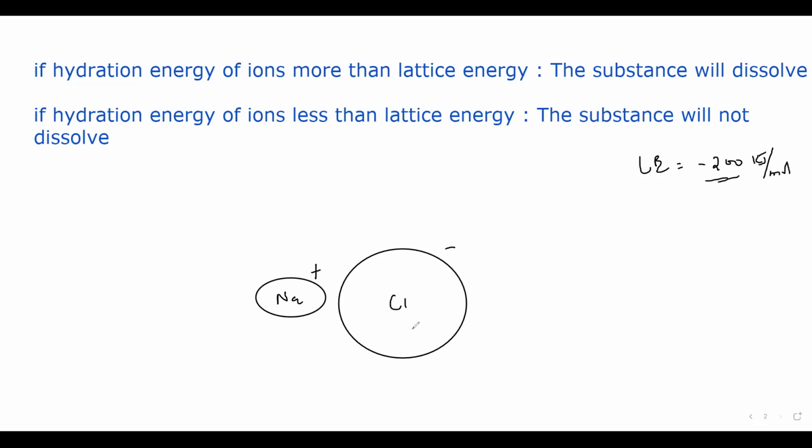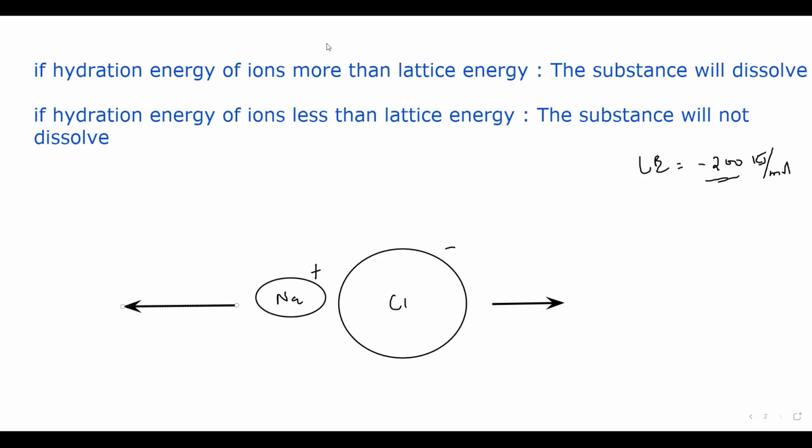If I want to separate them, to move them away from each other, how much energy do I need? I need the same 200, because when ions come closer, they release 200. So to separate them, I have to supply 200. What happens when we add this solid crystal into water?